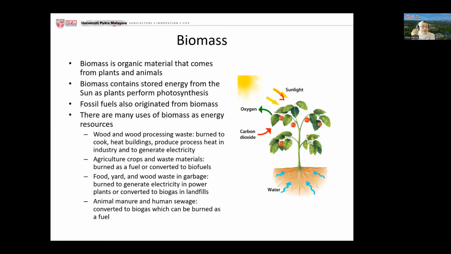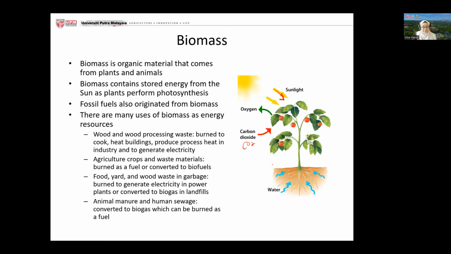Photosynthesis requires carbon dioxide, so the carbon dioxide will be fixed by the biomass as it grows, releasing oxygen and consuming water basically.